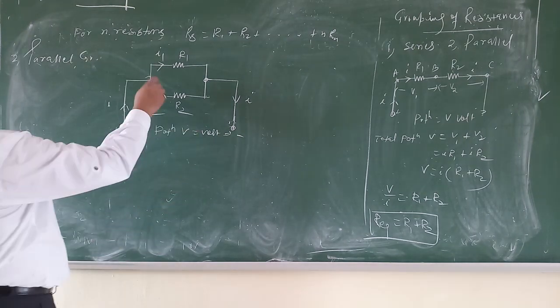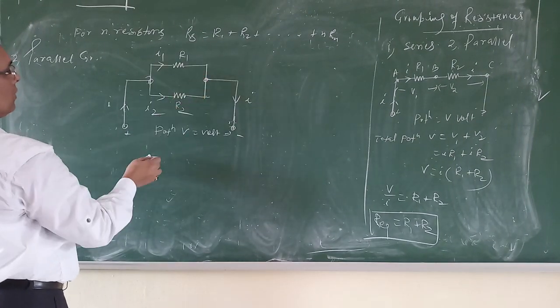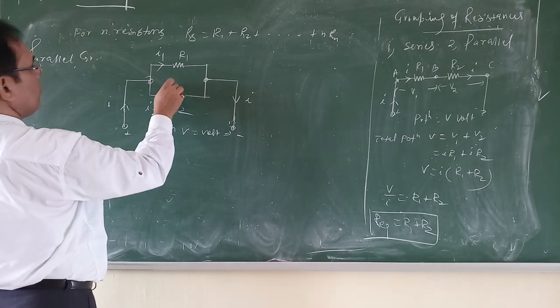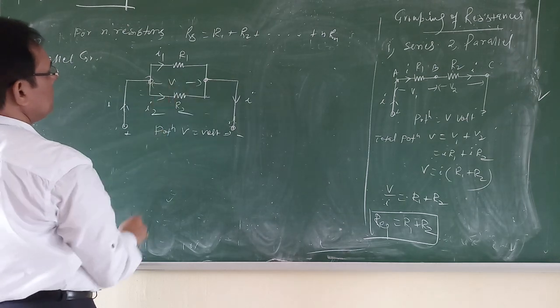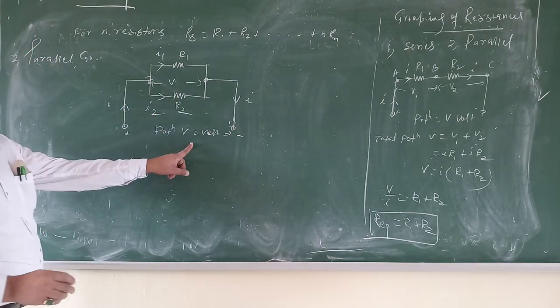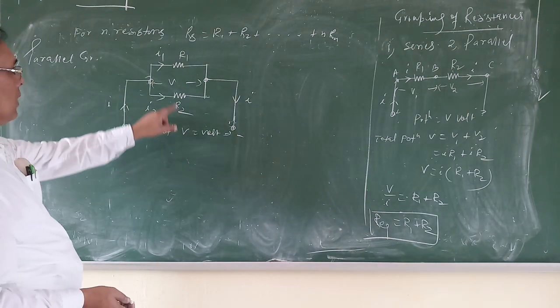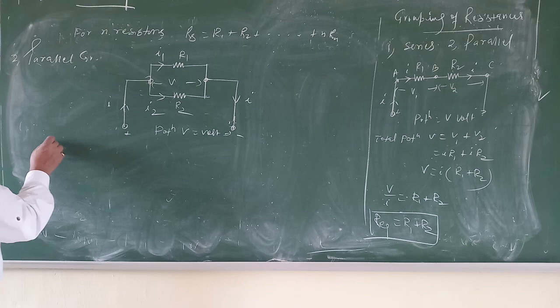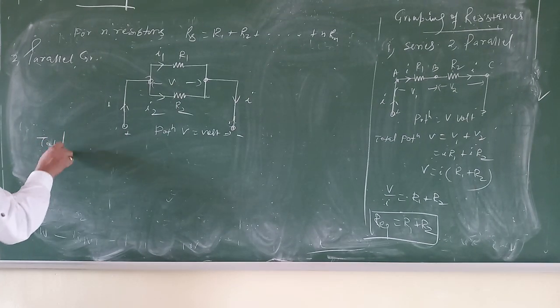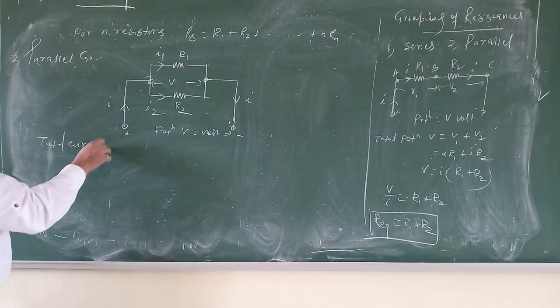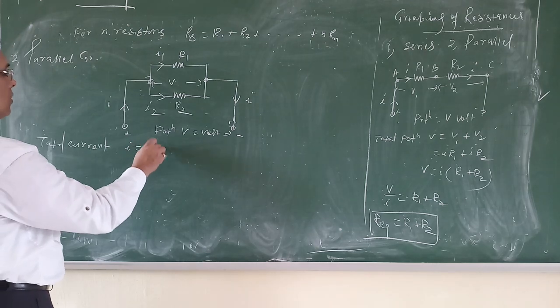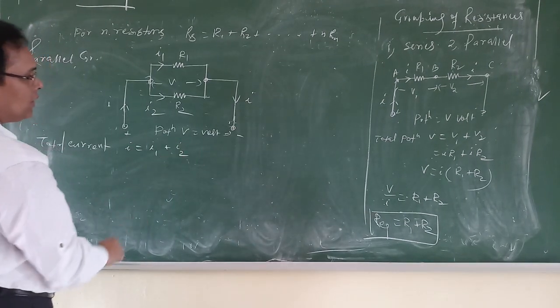And potential across these two ends of conductor is V. Let this potential be V, that is equivalent to total potential. Here there is no distribution of potential but current is distributed. So total current I equal to I1 plus I2.